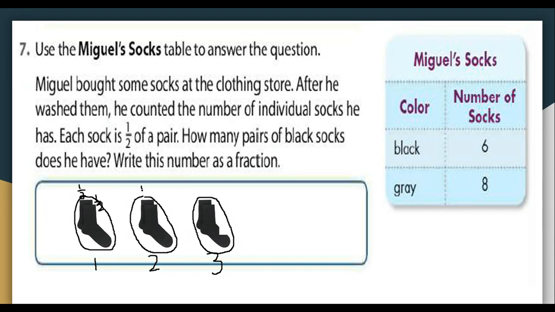The sock is 1/2. The sock is 1/2. This one is 1/2. And this one's 1/2. How can we make a fraction?